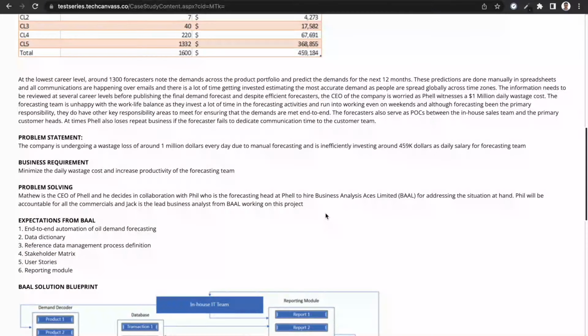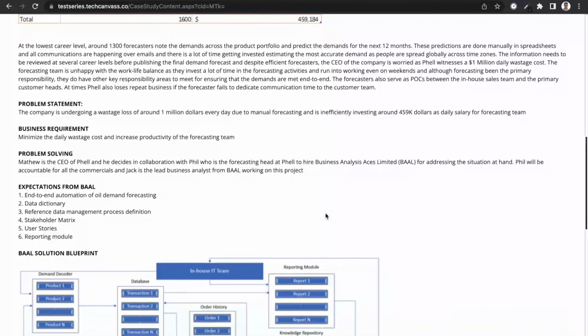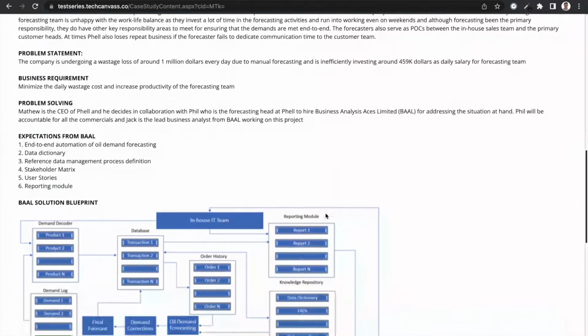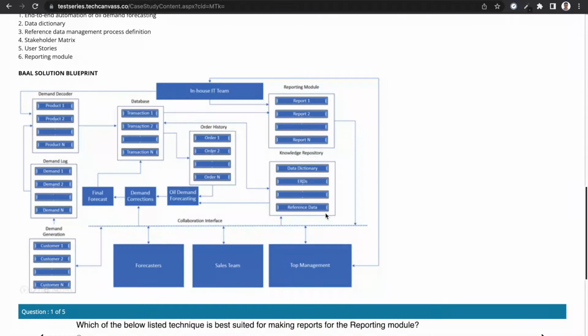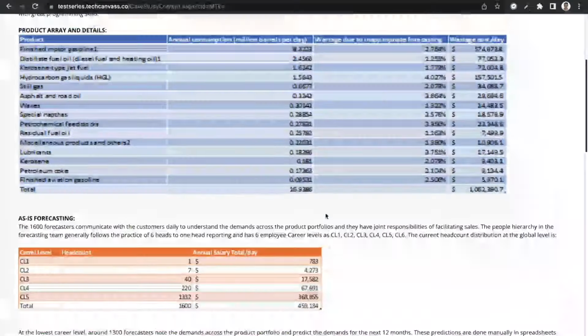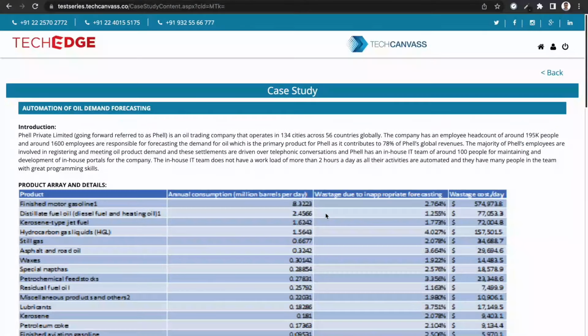Few more sections like problem statement, business requirement, problem solving, expectations from the BA, and then there is a data flow diagram as well. So you can see how much information you can expect in a case study based kind of question. In short, it may have text, tables, and diagrams.